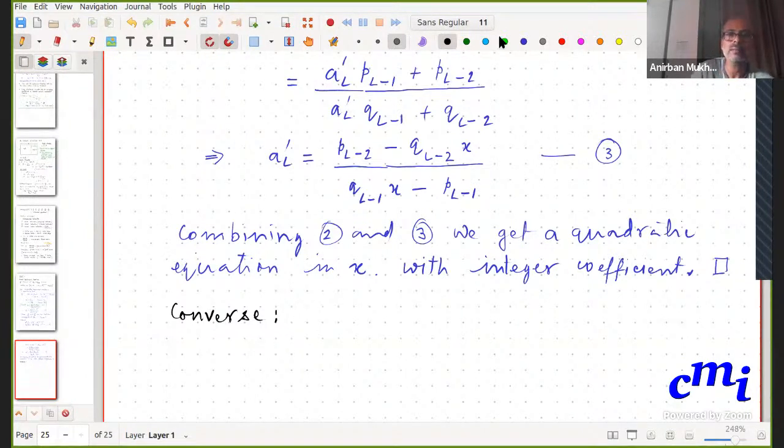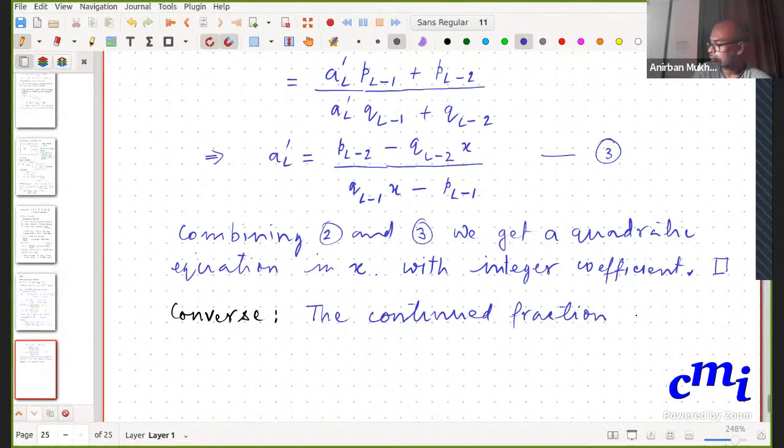So let me write the statement. We know the uniqueness, so the continued fraction expansion representing a quadratic surd is periodic.